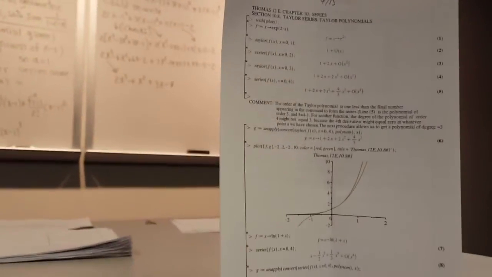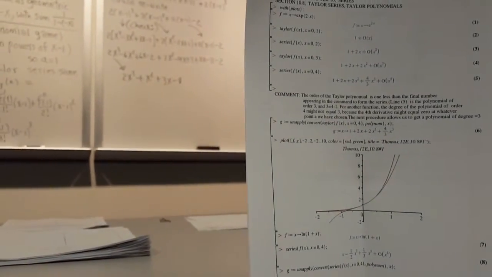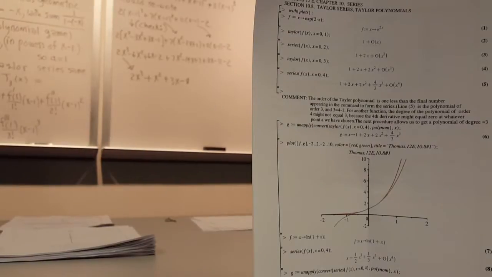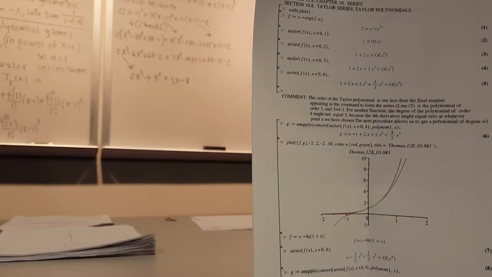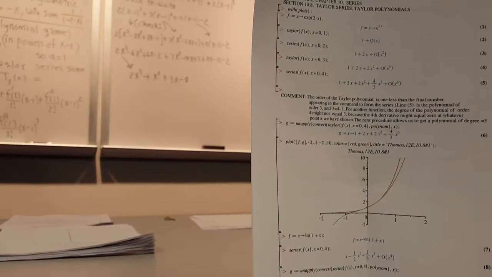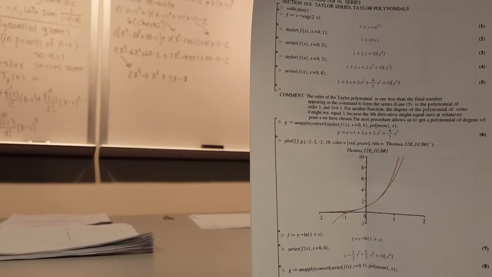So line 8 ought to be the same as this is, and happily so it is. It's always nice. And so then my unapply command is a way to take the polynomial in line 8 and make the thing into a function so that I can get Maple to graph it.